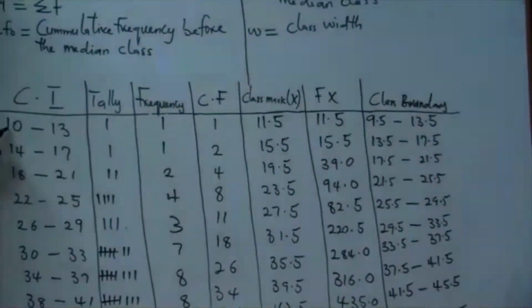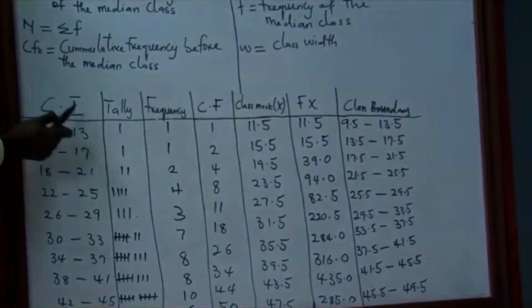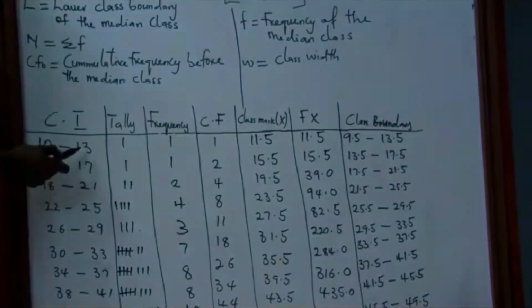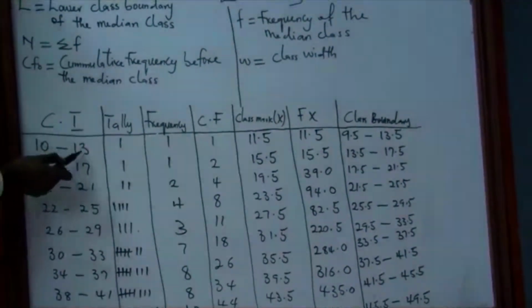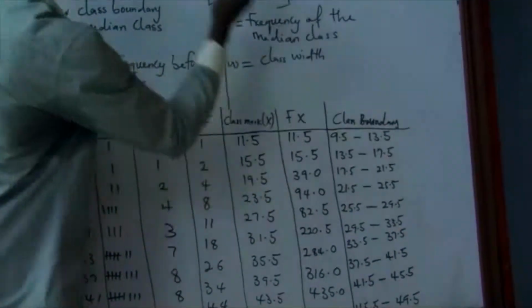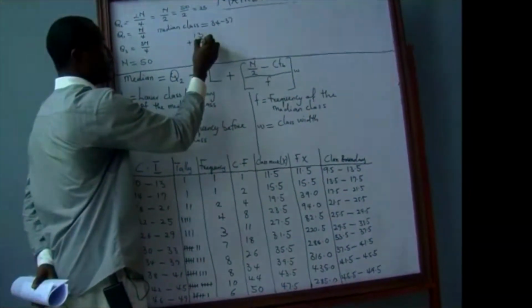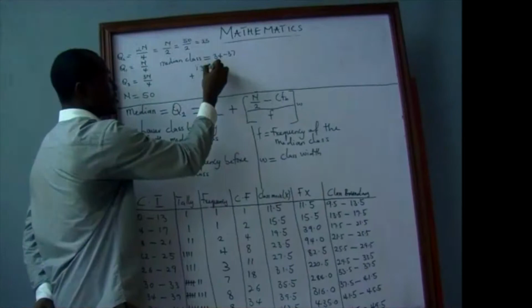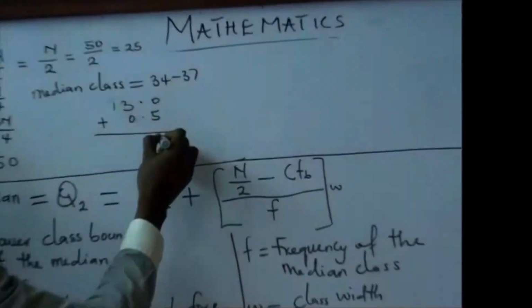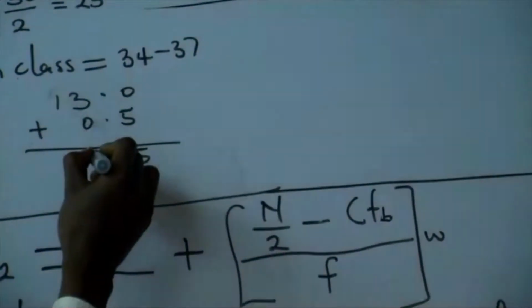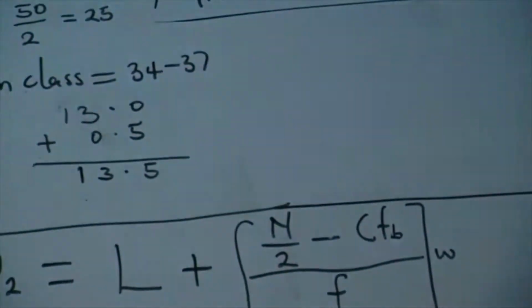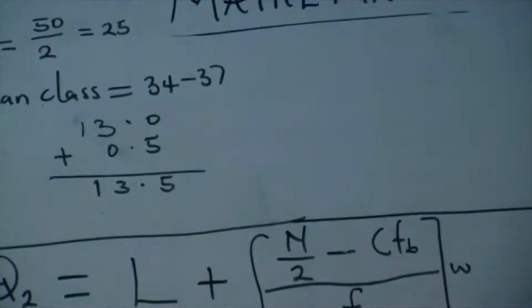And the 0.5 that I took out of this, I'll add it back to 13. And that's how I got 13.5. I mean 13 plus 0.5. So this is 13.5. That's how I got this.